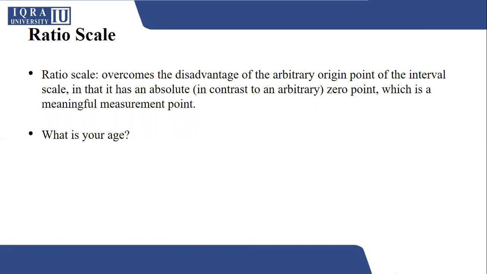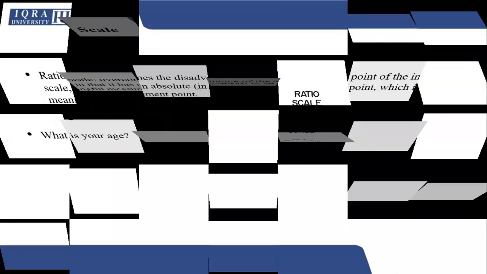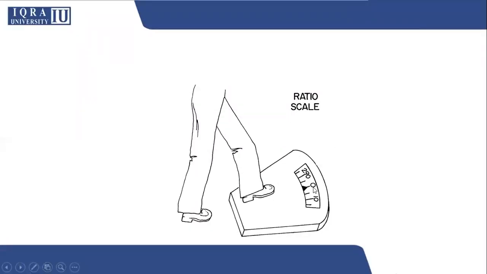What is your age? Ratio scale starts with absolute value 0. If you want to take the weight, if you stand on a weighing machine, the scale starts from 0. The ratio scale is the most powerful of all because it has a 0 point.